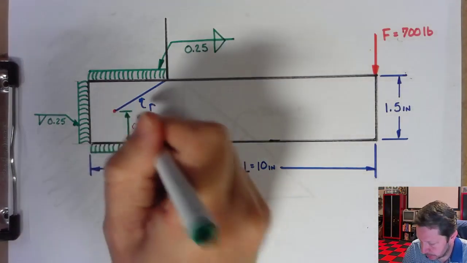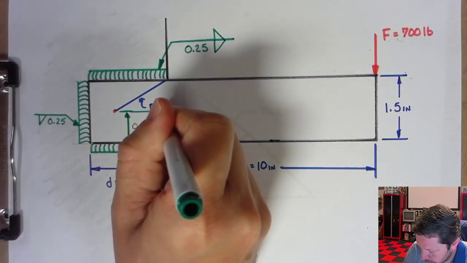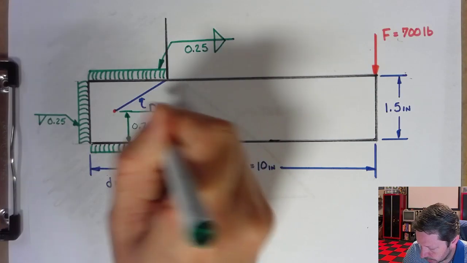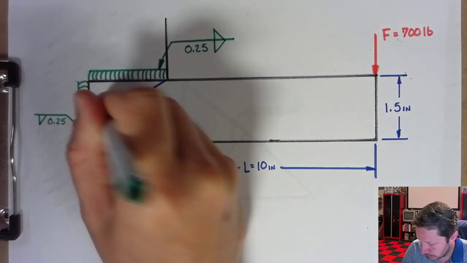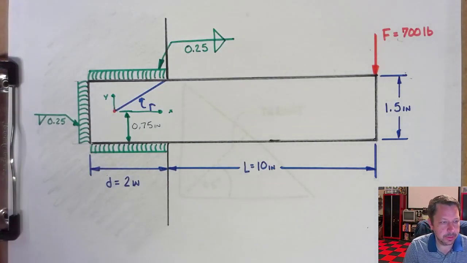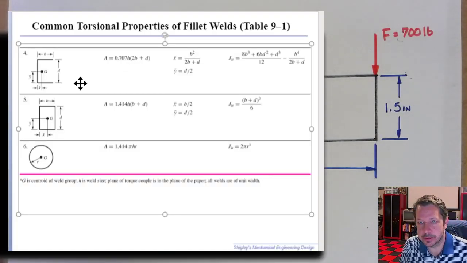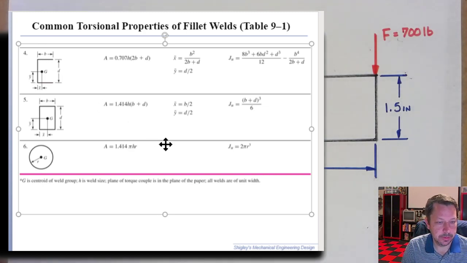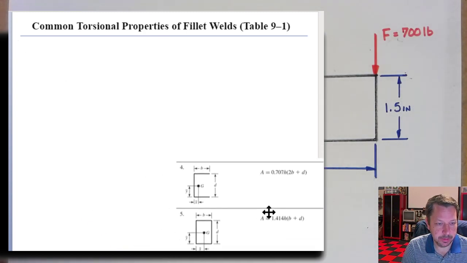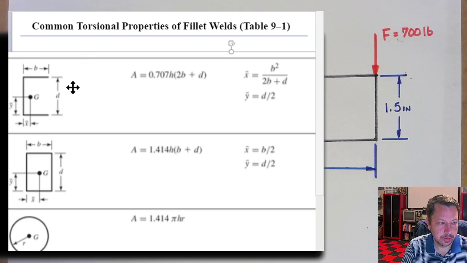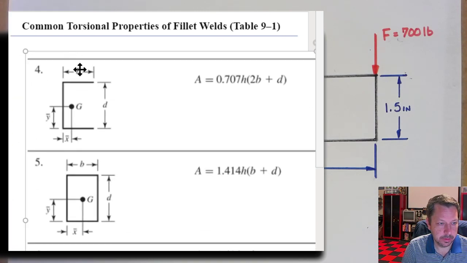And I am going to put here X and Y. Although I think in their book formulas, they're assuming this bottom left corner is more or less the origin because they're measuring everything from that bottom left corner.